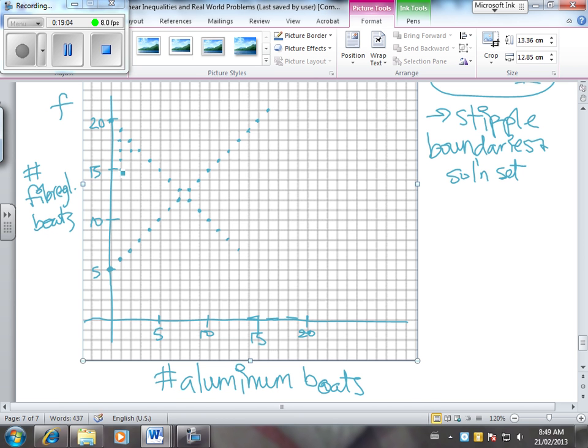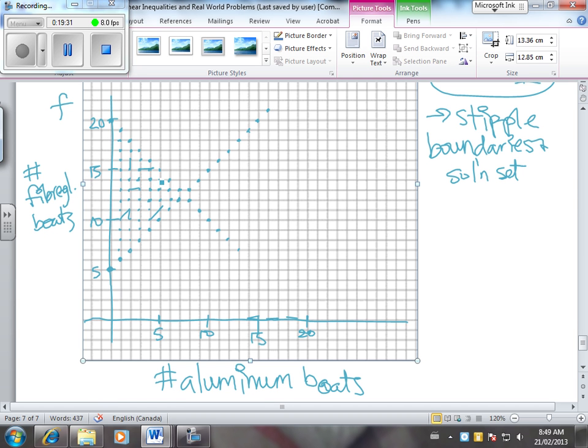So you fill in your dots, and just do this really quickly. Don't join your dots at all. So all of this part should be filled in. Like that.